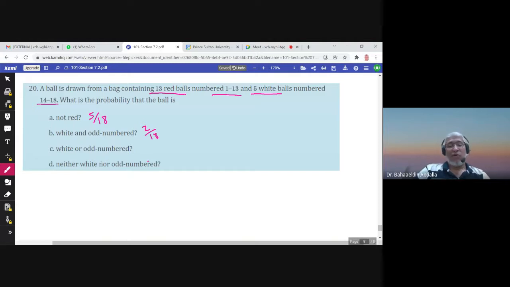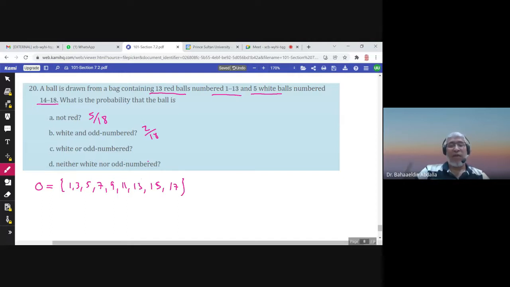White or odd? Okay. Now all the odd numbers are 1, 3, 5, 7, 9, 11, 13, 15, 17, so 8 numbers odd, or white. So I'll use the formula.